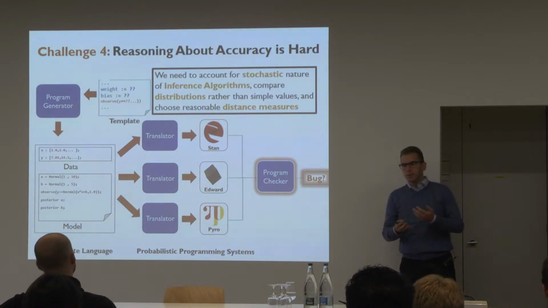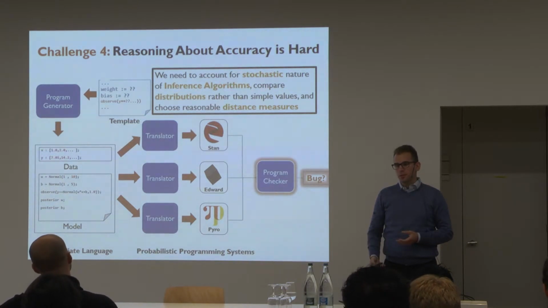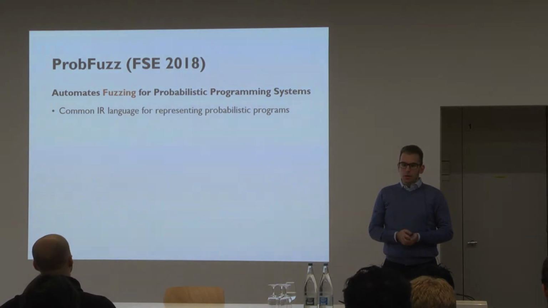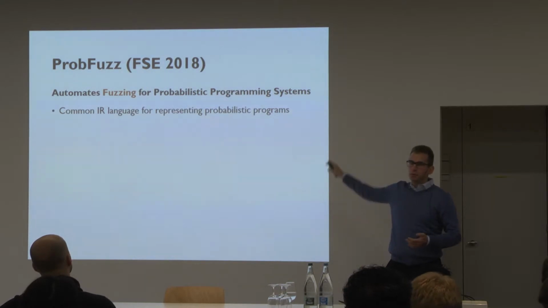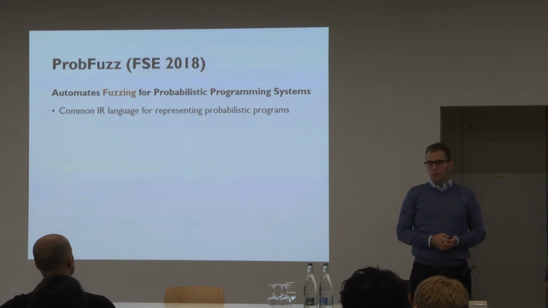So this brings a little bit of noise into the whole process. All right. So to address these issues, we started developing systems for testing probabilistic programming systems. Our first system is called ProbFuzz, and it automates fuzzing for probabilistic programming systems and tries to answer these challenges.